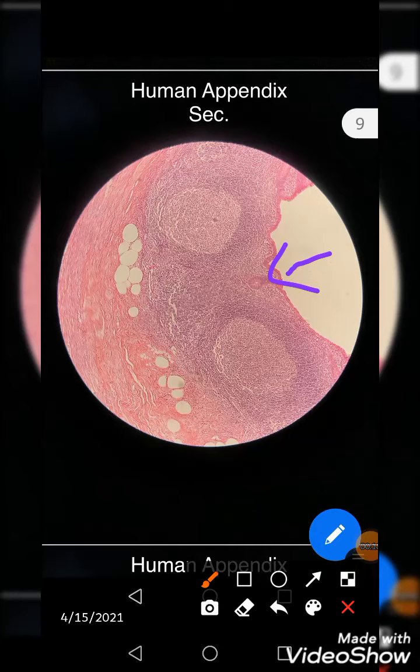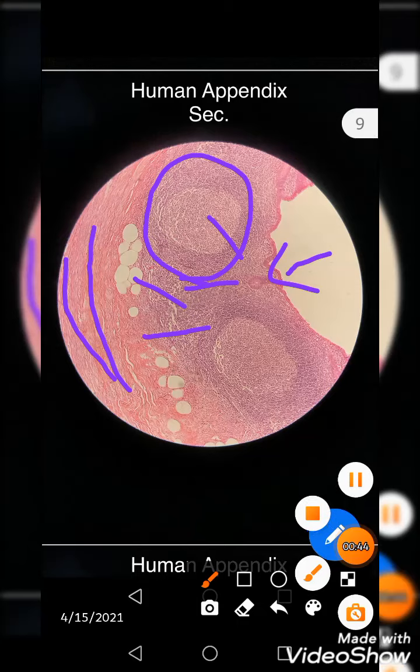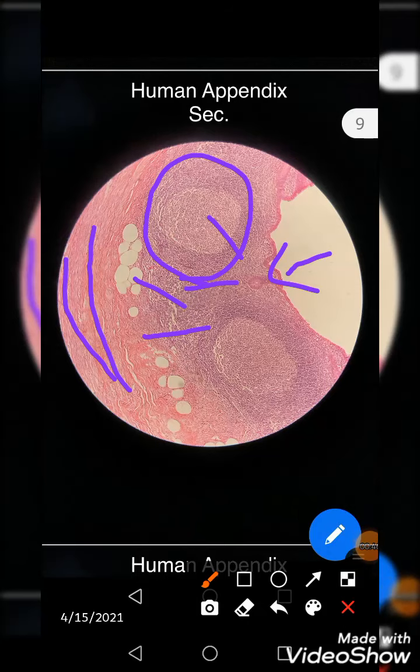You can see it having epithelium, then comes the lamina propria, and here you can find the larger size lymphatic nodules, definitely with the paler staining germinal centers, and they are trying to encroach on the submucosa, and you can see it's well laden with adipose tissue. Then come the inner circular and outer longitudinal layers of that vermiform appendix. So that was about the details of the slide we have to learn in the histology lab.